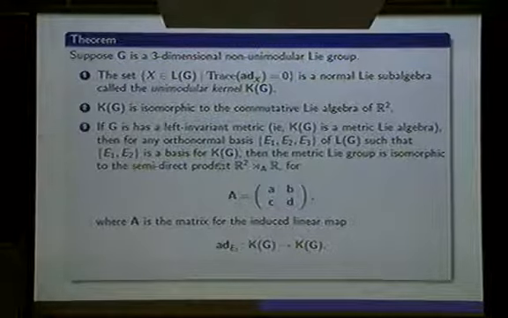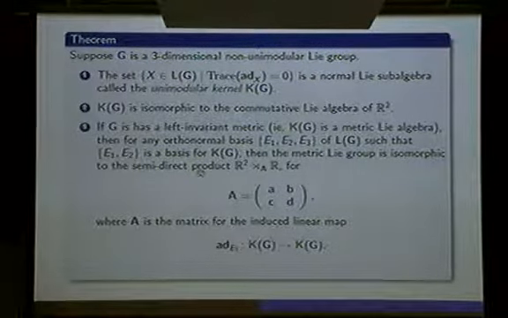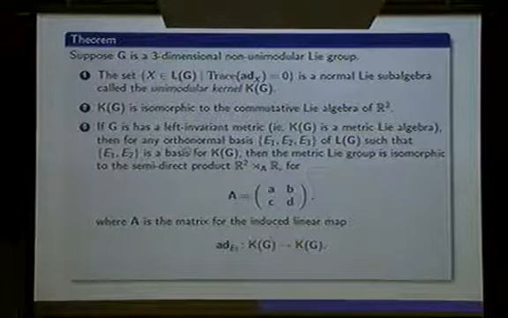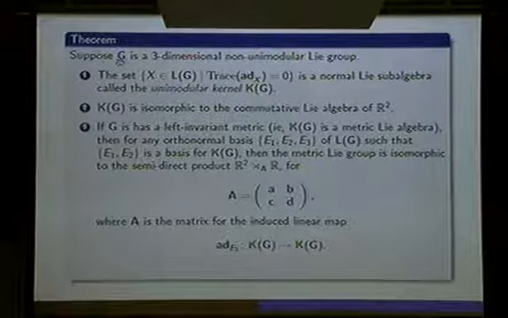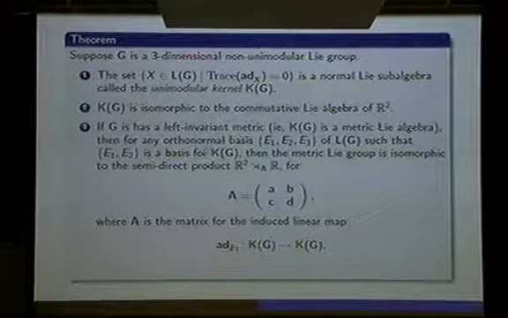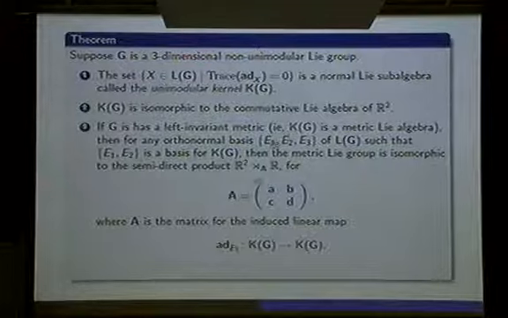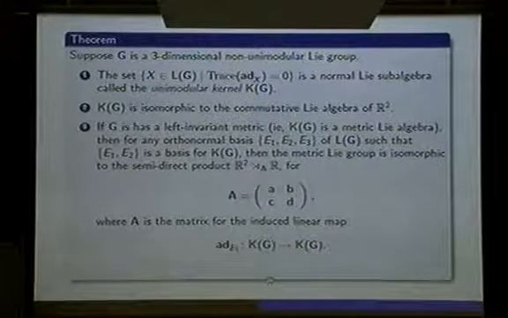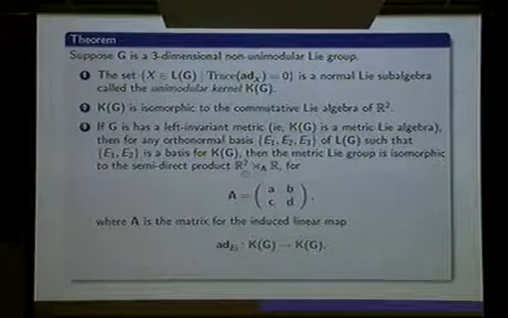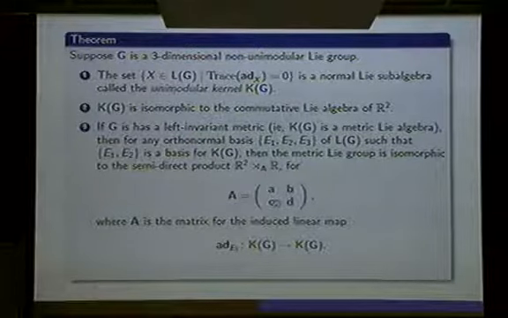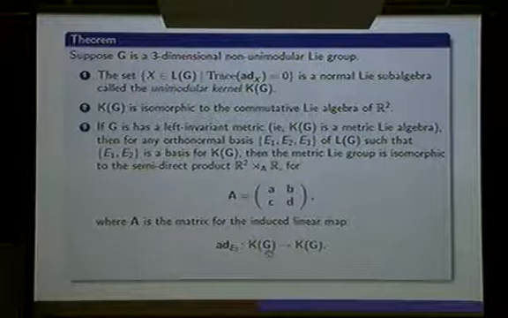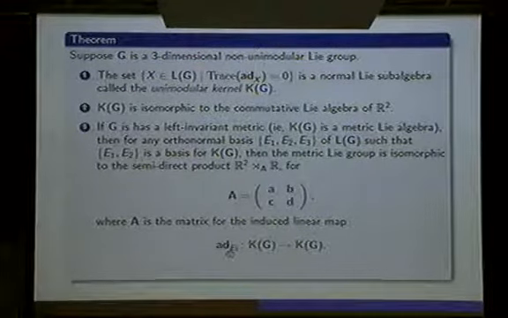All right. So we're talking about a theorem, and the theorem is telling us that if you want to understand this G, and you have on it a left invariant metric, then it's always described by a 2x2 matrix, and the group structure is R2 semi-direct product A of R. The way you get this matrix is it's the matrix for this linear transformation with respect to E3.